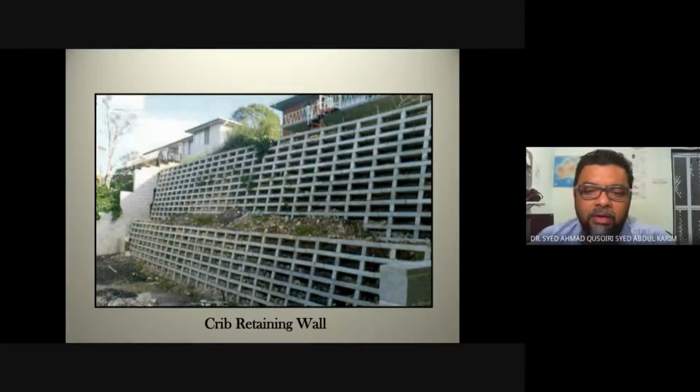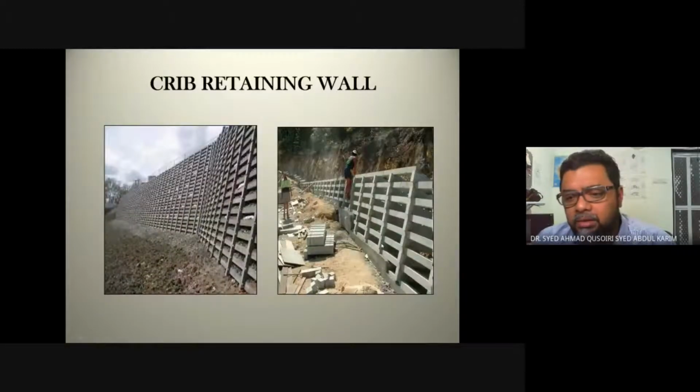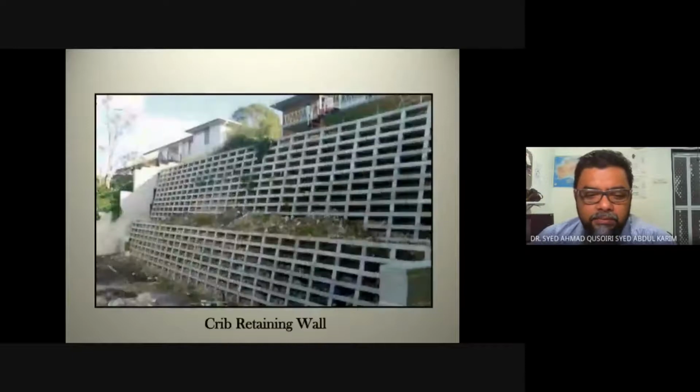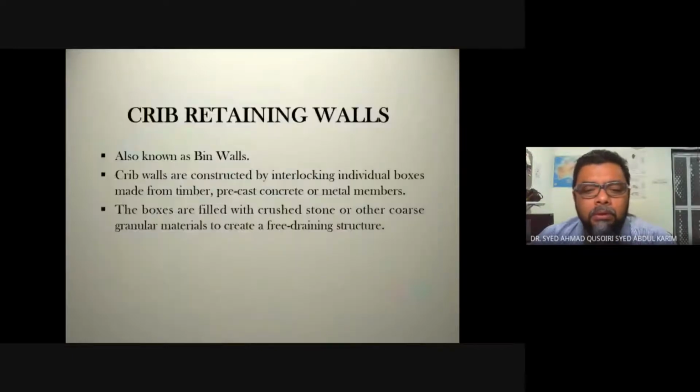Because if it's just the concrete crib skeleton, it does not have the mass to withstand the pressure from the soil behind it. It does not have that weight. So it needs to be filled up with granular materials. Remember to create a free draining structure.